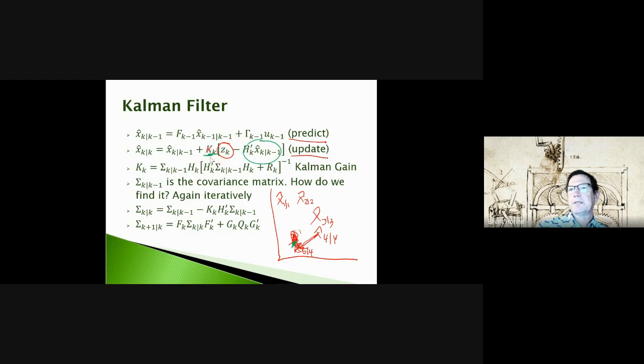But this Kalman gain here is a function of how much noise or variance we have in this system. And so how do we come up with that, right? We do it iteratively. So we're estimating the amount of variation we have in the system.